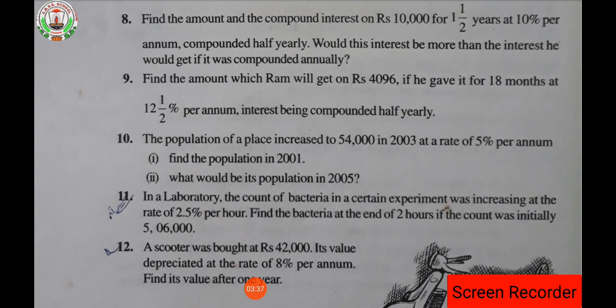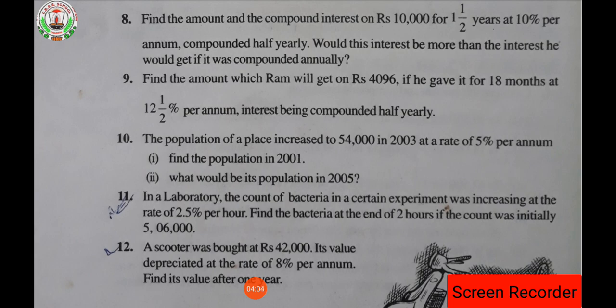Then question number 11. In a laboratory, the count of bacteria in a certain experiment was increasing at the rate of 2.5% per hour. Here we are talking about hours. So in 1 hour, how does the number of bacteria increase? That is in the form of rate: 2.5% per hour the bacteria count increases.